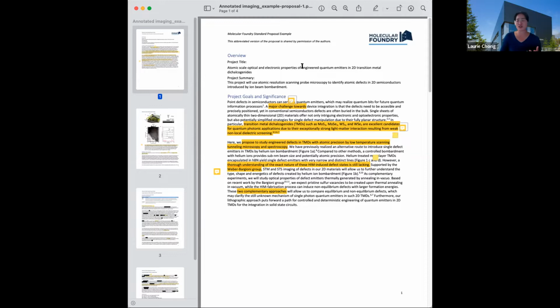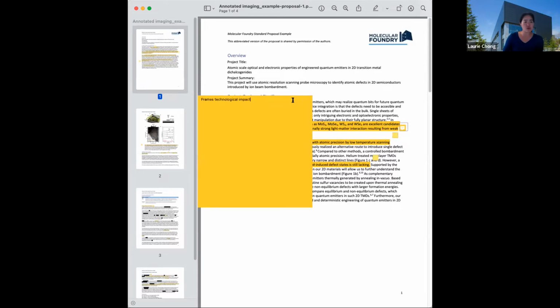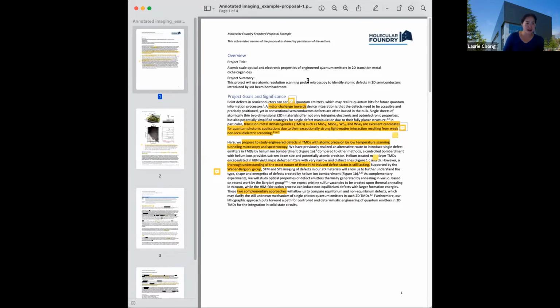All right, so here's one of those proposals. You can open it on your own screen to see it more clearly, but I want to point out some of these sections that are highlighted. Under project goals and significance, this first wording where it says a major challenge towards, this is framing the technological impact.